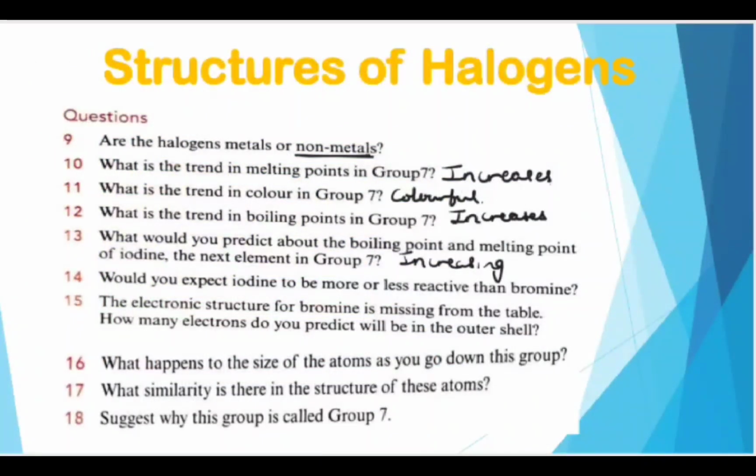as well as an overall periodic table. Okay, would you expect iodine to be more or less reactive than bromine? Obviously less reactive. It is going to be less reactive. It's a solid structure. Gases react faster. So if you look at lithium, sodium and potassium, here we have fluorine, chlorine, bromine.